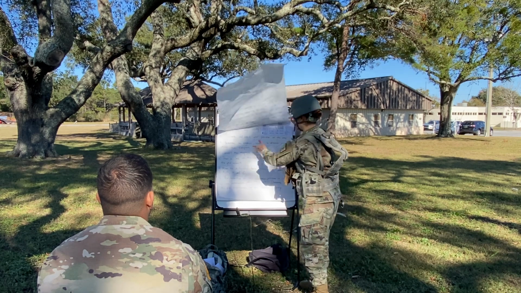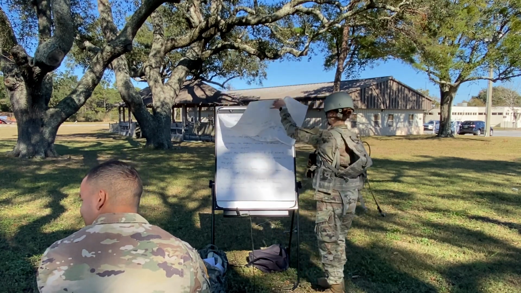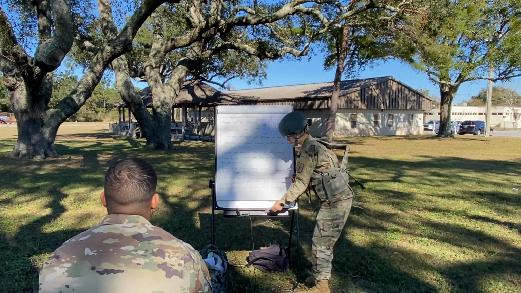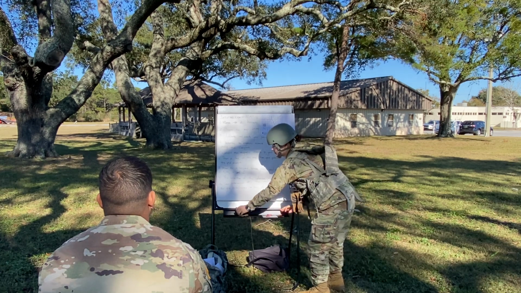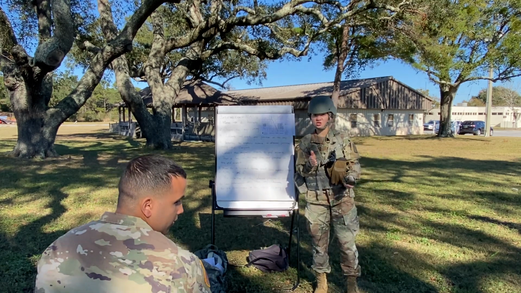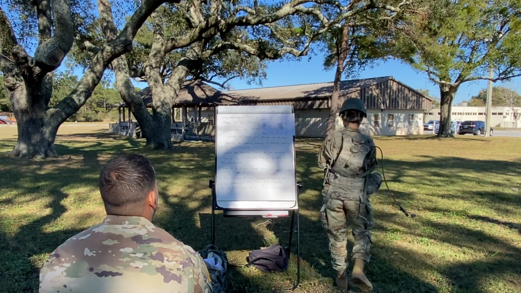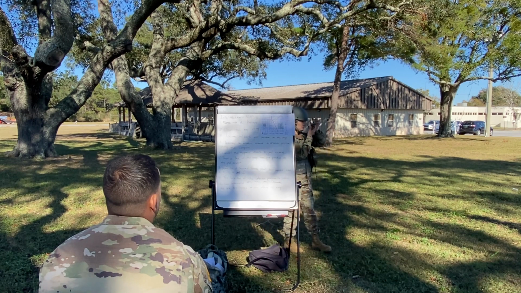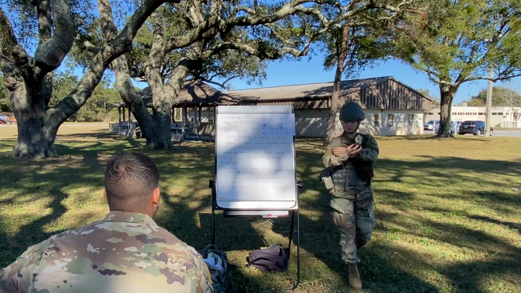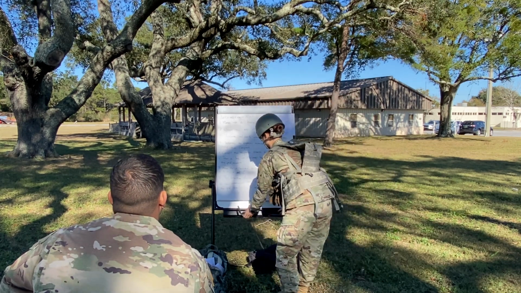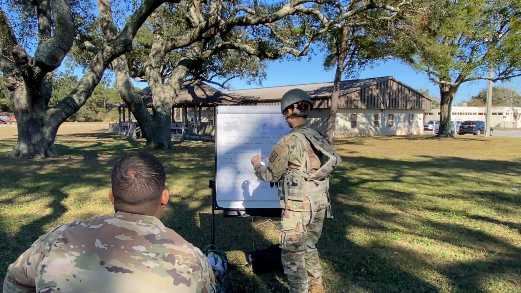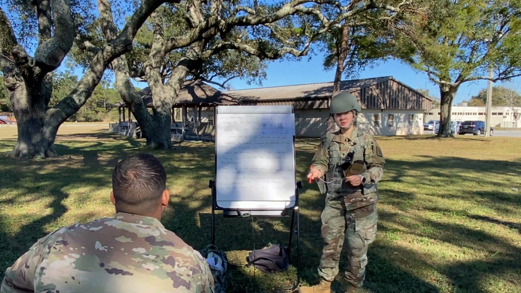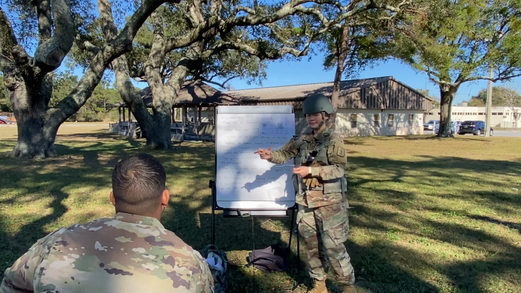Now we're going to move to the second point and determine the magnetic azimuth from that point to the unknown location we want to know. We convert it into the grid azimuth and find our point.